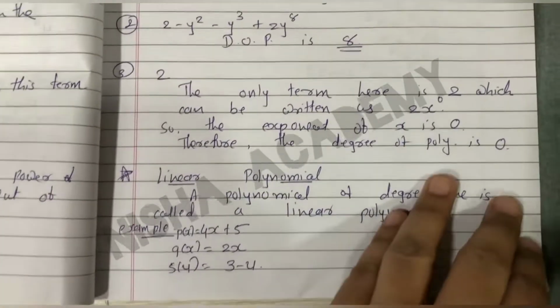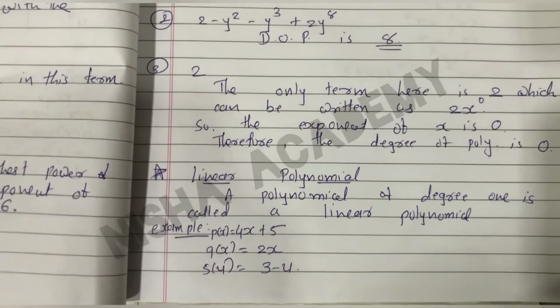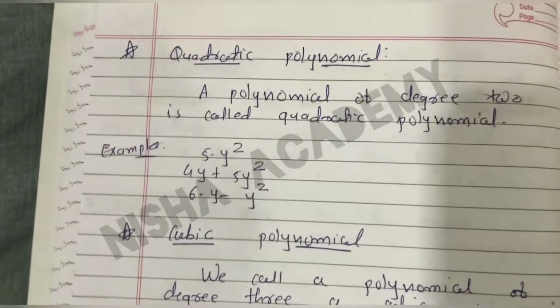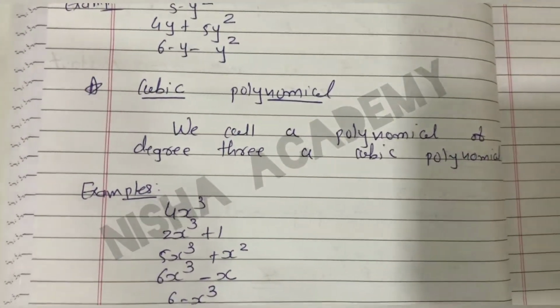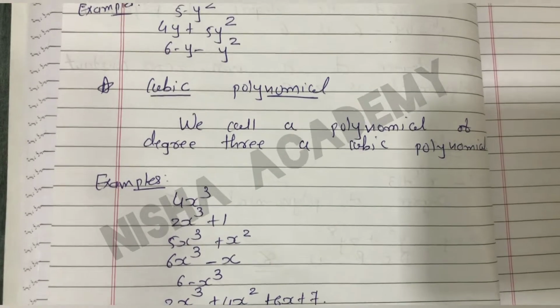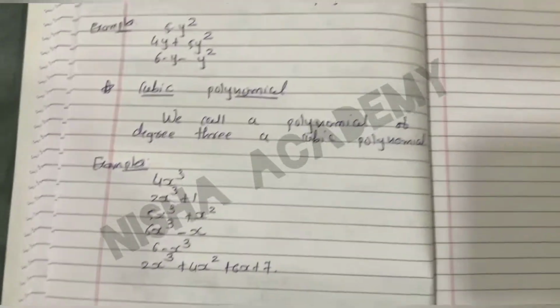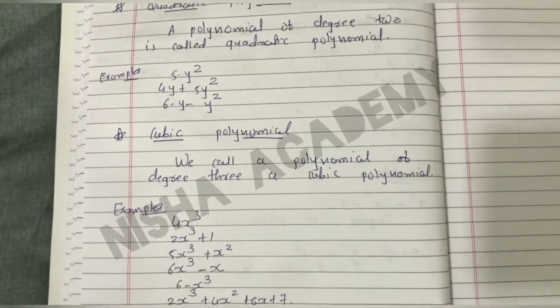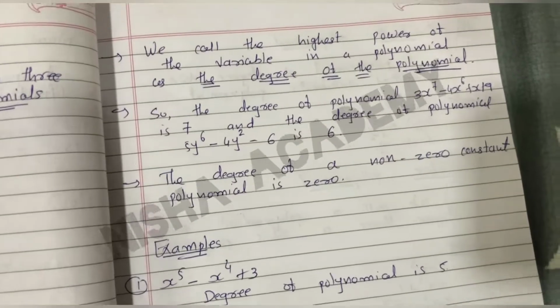Linear means the power of the variable is 1, quadratic means the power is 2, and cubic means the power is 3. So these are the different types of polynomials, linear, quadratic and cubic, with the help of the degree of the polynomial. And what is the degree of a polynomial? The highest power of the variable.